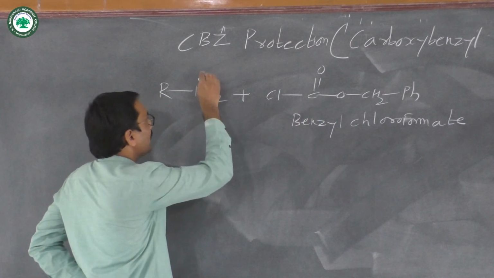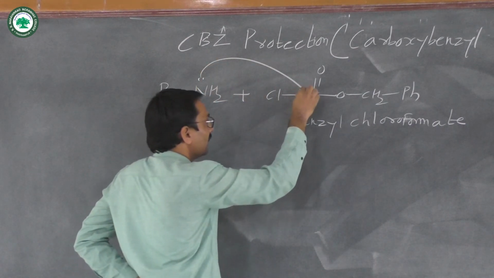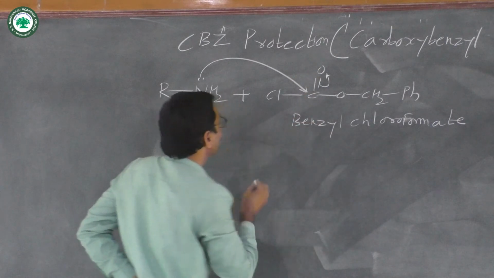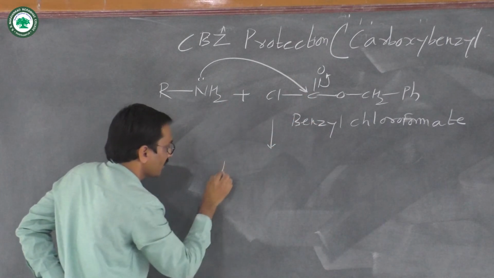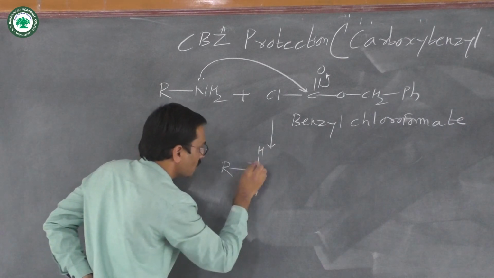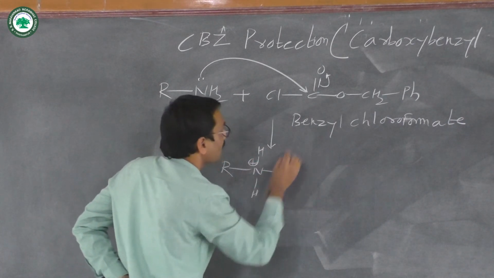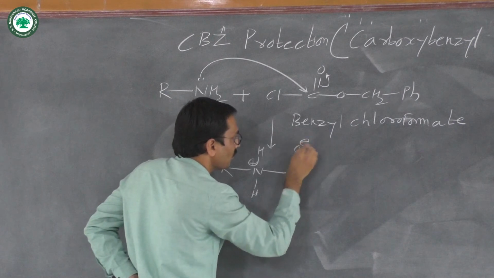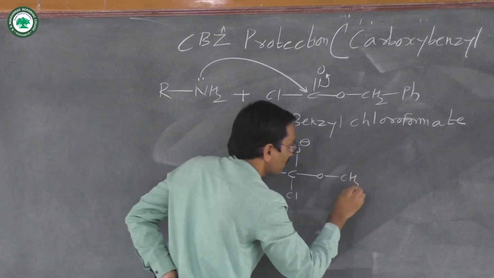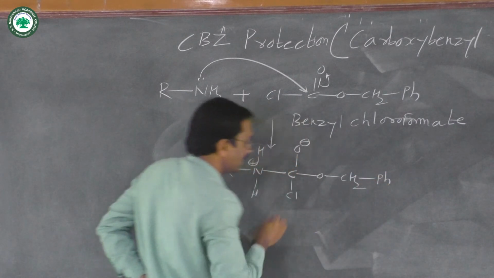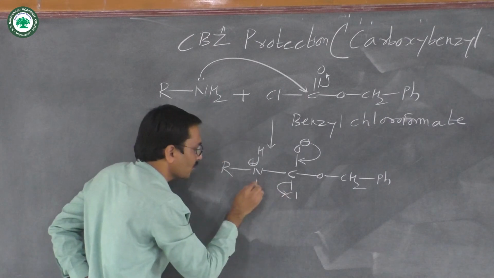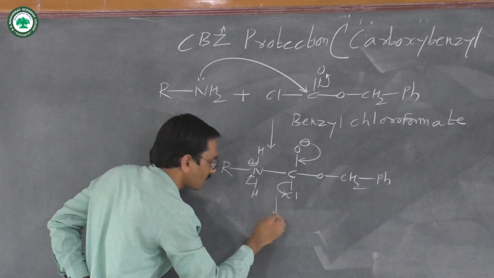This electron pair attacks this particular position, giving N positive charge, here carbon, O minus, Cl, OCH2Ph. In the next step, Cl undergoes removal, and that hydrogen also undergoes removal.